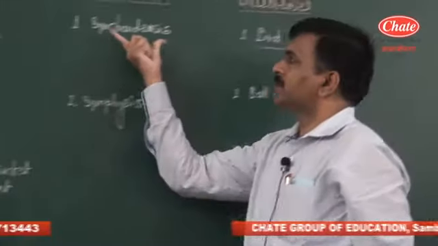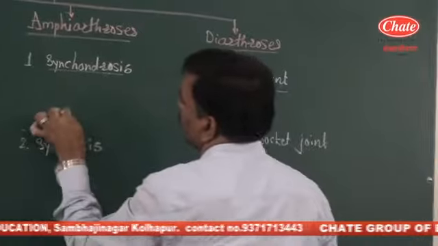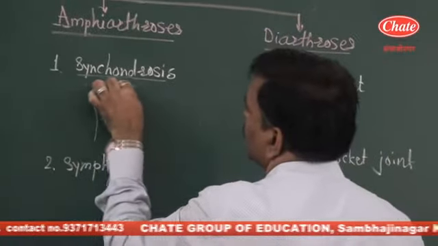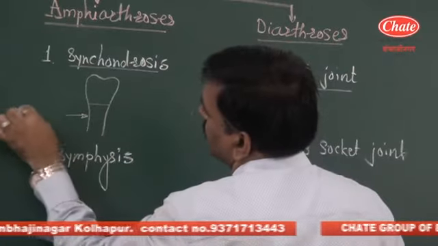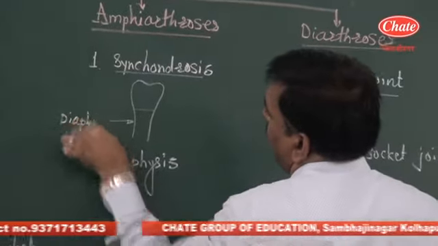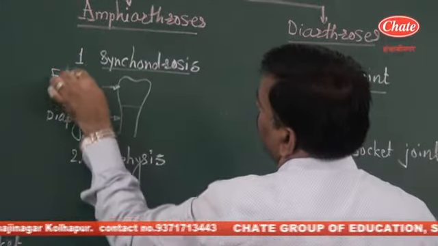Now, amphiarthrosis, where the connecting material is cartilaginous, includes synchondrosis. In synchondrosis, we can observe that long bones have two parts, the diaphysis and the epiphysis.